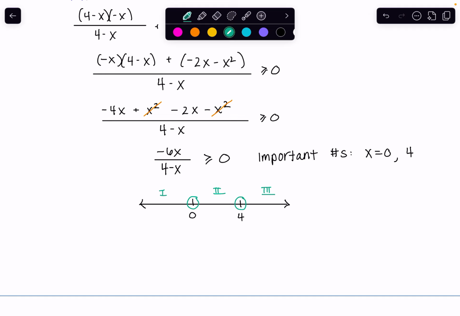Okay. If I want to see what I can equal, I'm going to start with 4. That's where the denominator equals 0. So regardless of whatever this inequality is, I definitely cannot plug in 4 because that would cause 0 in the denominator. So this one will always be an open circle wherever that denominator equals 0.